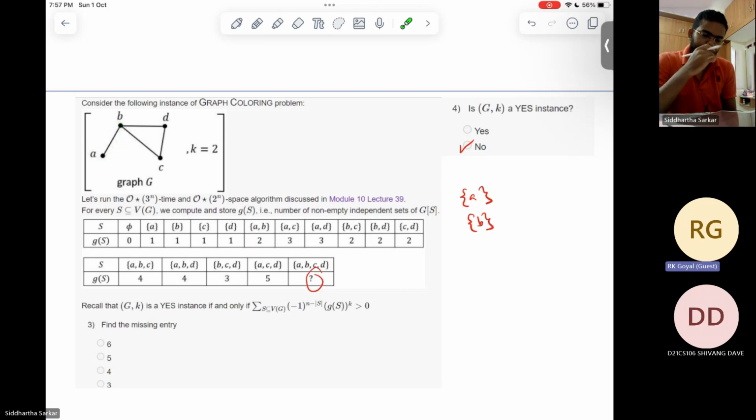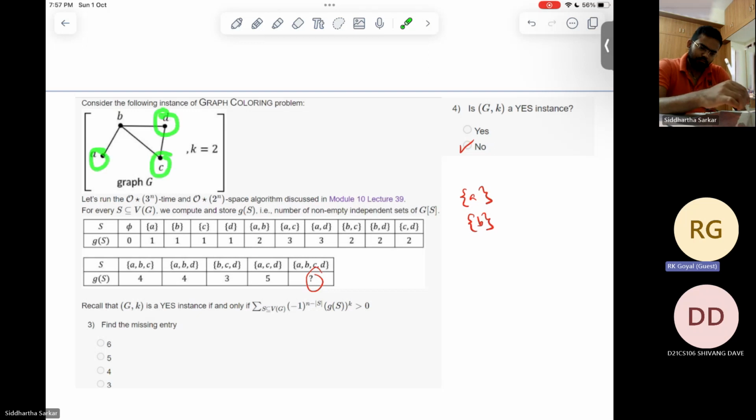I see. So 1, 2, 3, 4. So 4 will definitely be there. And since ACD is already one of the independent sets, it could even be that ACD would also come. So 4 plus 1, 5.